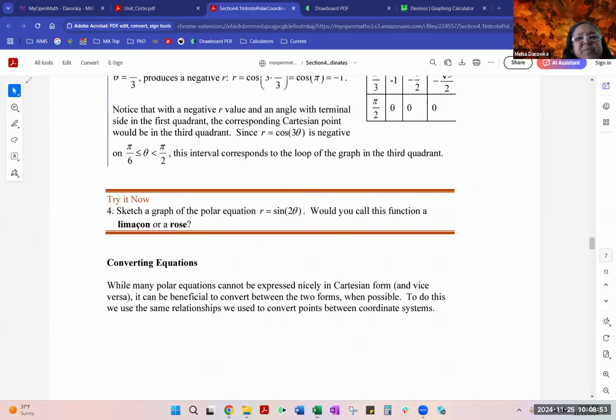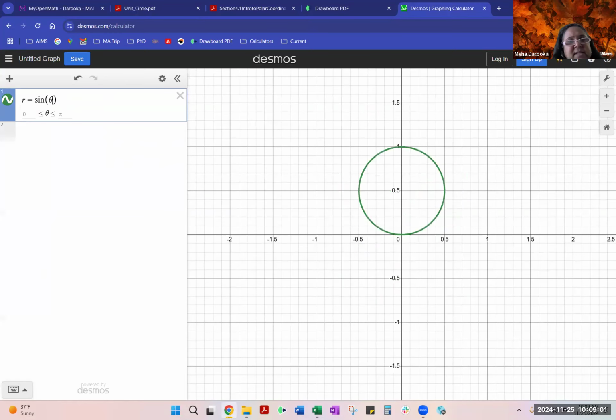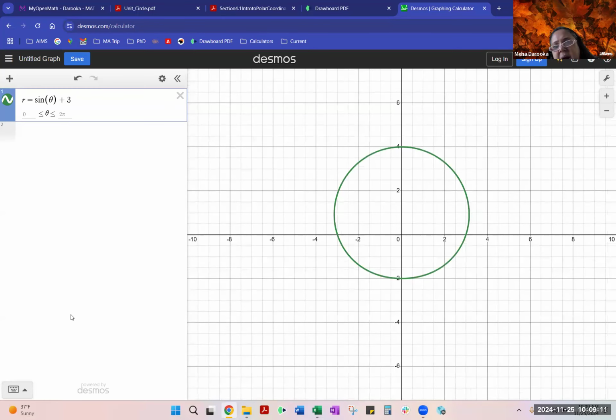So yeah, just the difference between how the equation is written, and you will see how this guy ends up looking. Now, if we were to change that, let's say to sine of theta, and then maybe did, I don't know, plus 3 at the end. If you look at this closely enough, you will see this is not a circle, even though it has that circular shape.